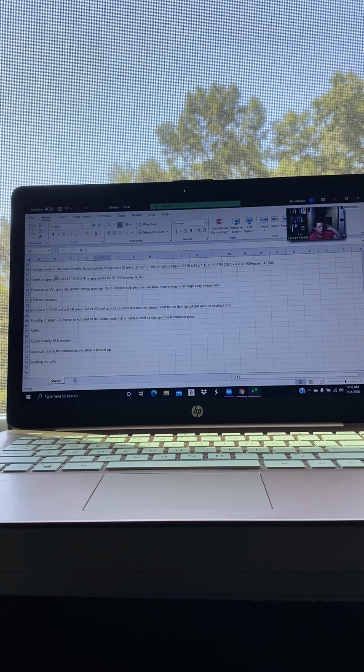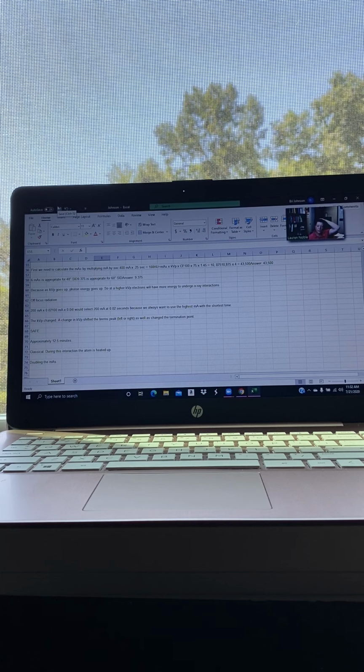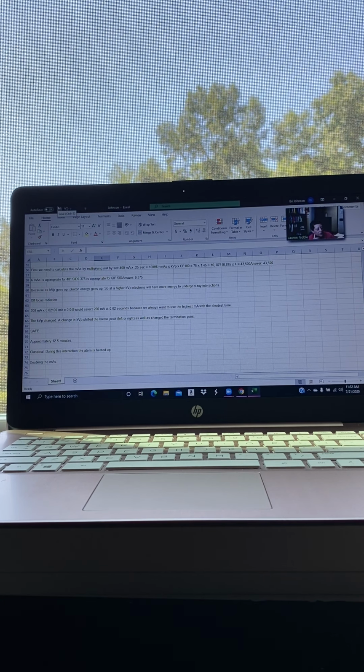And then the next one had to do with calculating heat units. This was 1 point. 4 exposures are made using 400 mA, 0.25 seconds, and 75 kVp. So when you multiply 400 times 0.25 seconds, that's 100 mAs. So you say 100 mAs times 75 kVp times 1.45, because that is the high frequency generator conversion factor.